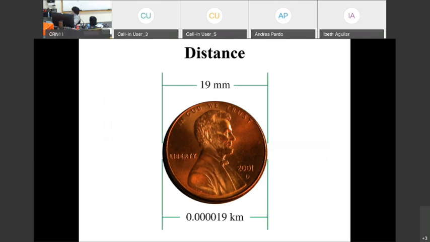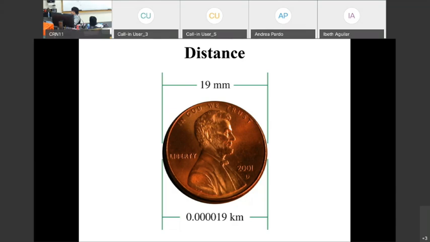The diameter of the penny is 19 millimeters. But if I was to measure that in kilometers, look at the measurement there.